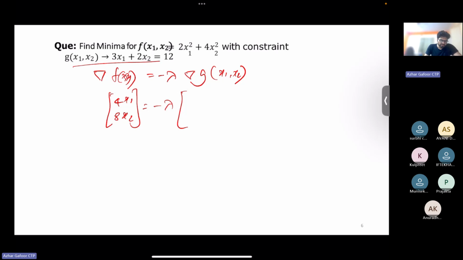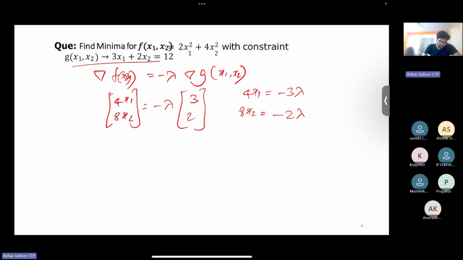Similarly, we take the derivative of our g function, the constraint function, which will be (3, 2). So now what we get is 4x1 is equal to minus 3 lambda, and 8x2 is equal to minus 2 lambda.